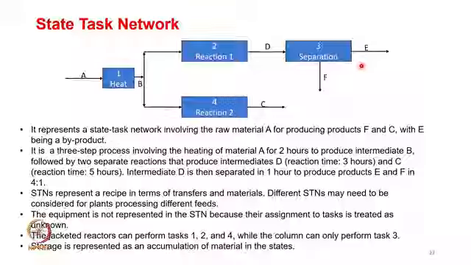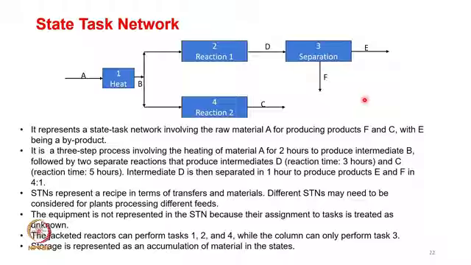So there is a state task network. You can see there is a state and a task, but there is no other information. So the equipment will not be represented in the state task network because its assignment to a task is treated as unknown. At the moment, you don't really know what equipment you use, and your optimizer is interested to give you that solution.